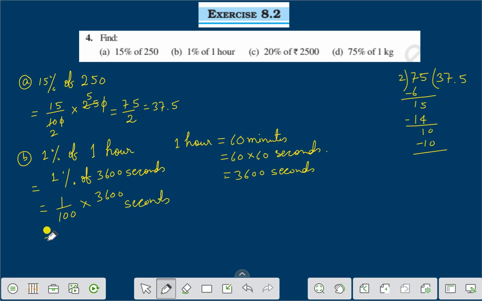Right? Then this 0 and this 0 will cut, this 0 and this 0 cut. We are getting 36 seconds.